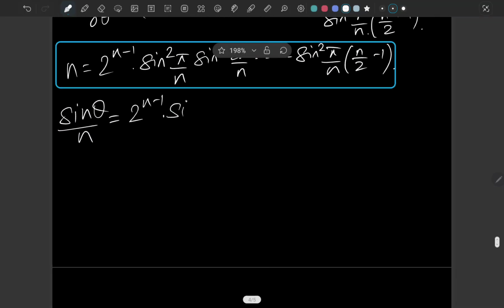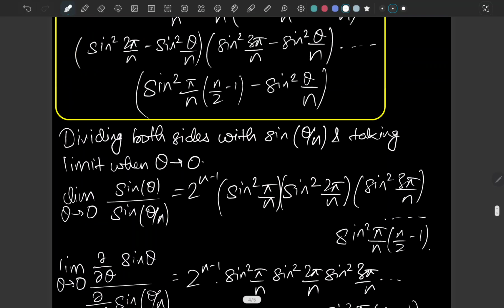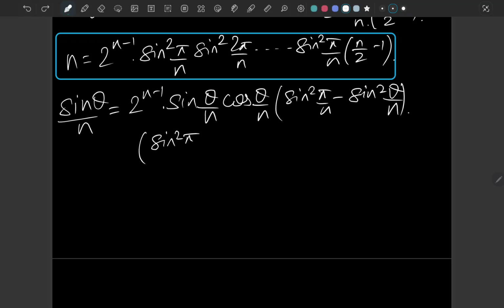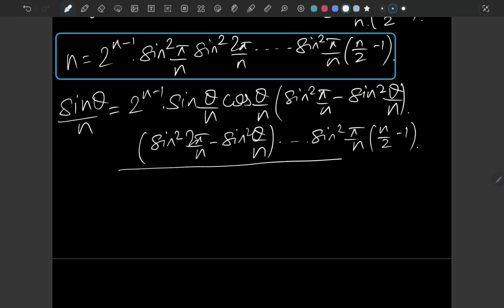Wait a second, sine theta over n, cosine theta over n, and then we had sine squared pi over n minus sine squared theta over n, then sine squared, oh I'm sorry, it's 2 pi over n minus sine squared theta over n, and that just keeps going up to pi over n times n over 2 minus 1, and dividing with n, which we have evaluated something like this.